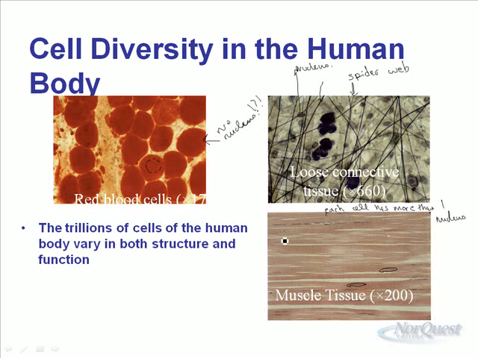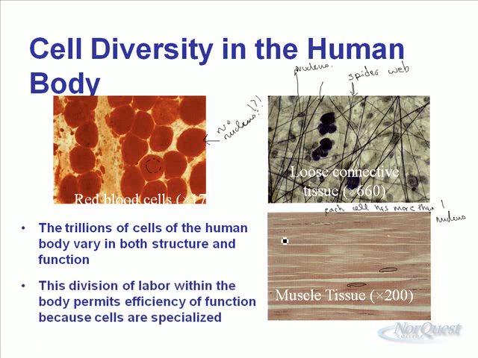Here we have an animal, a human being, with a whole bunch of specialized cells, each one very different from that generalized animal cell that we were looking at in the previous unit. Now, all of them have had at least at one point one nucleus. They all have ribosomes and mitochondria and all that kind of stuff.